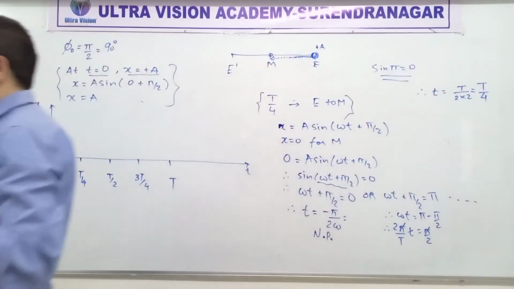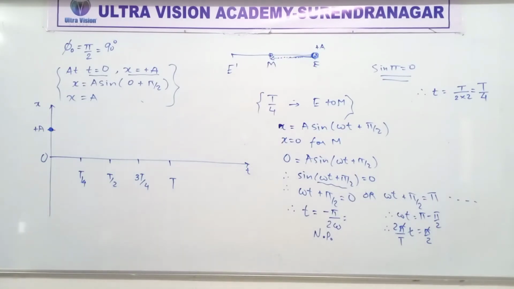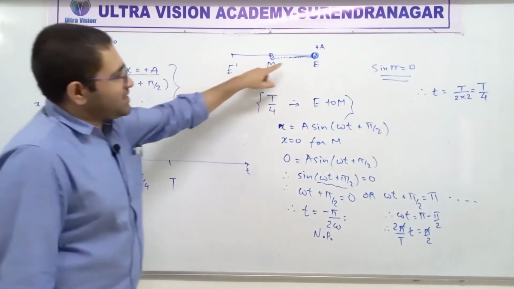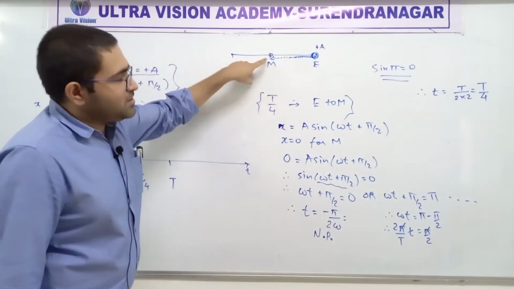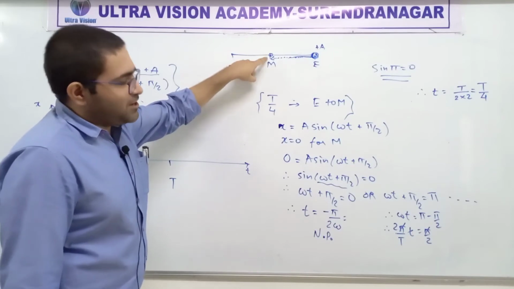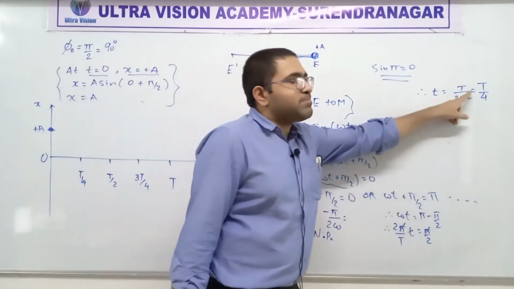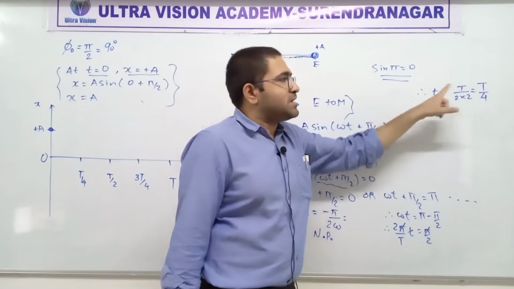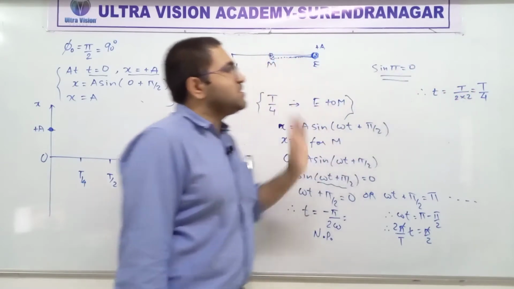So what this means is that this particle will come at M when time is capital T by 4.